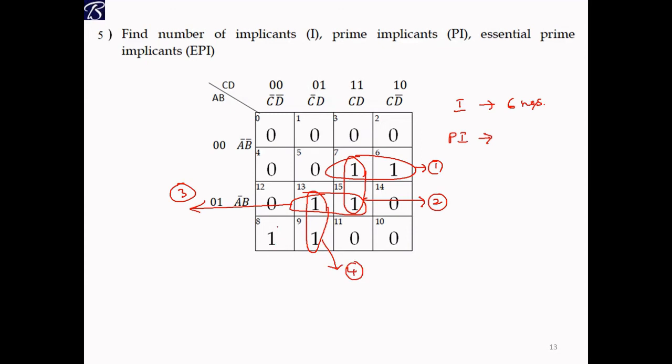And we can group 8 and 9; this is the fifth one. So a total of 5 prime implicants are there. All the maximum possible groups are nothing but prime implicants. Now let us see how many essential prime implicants are there.